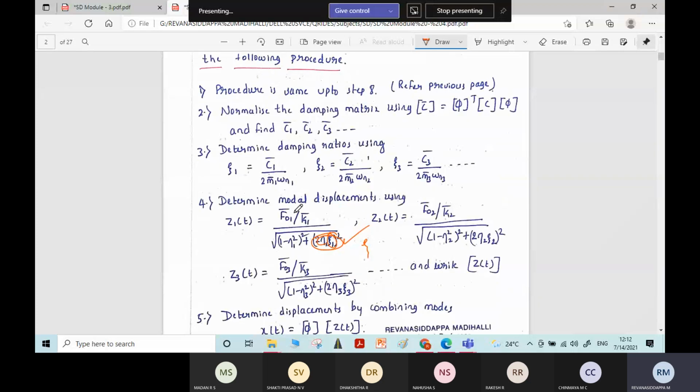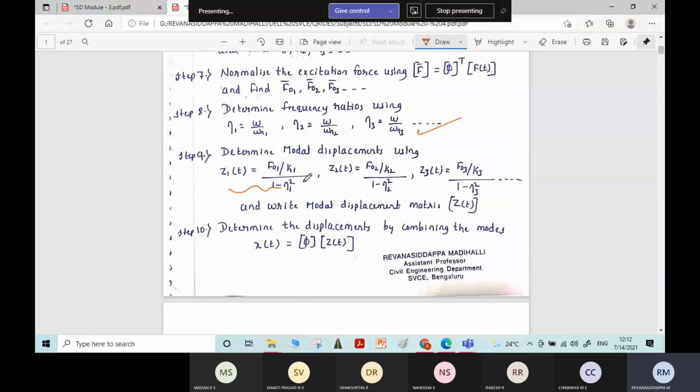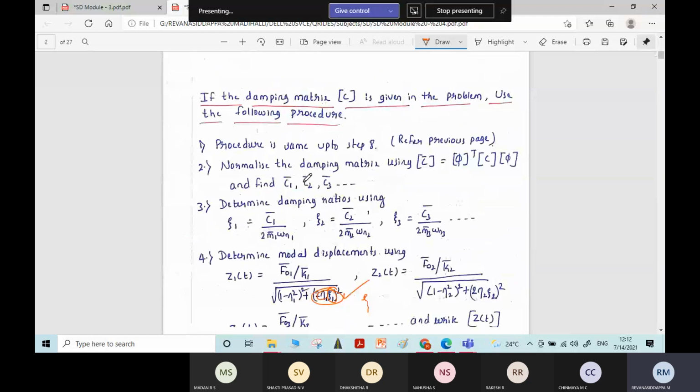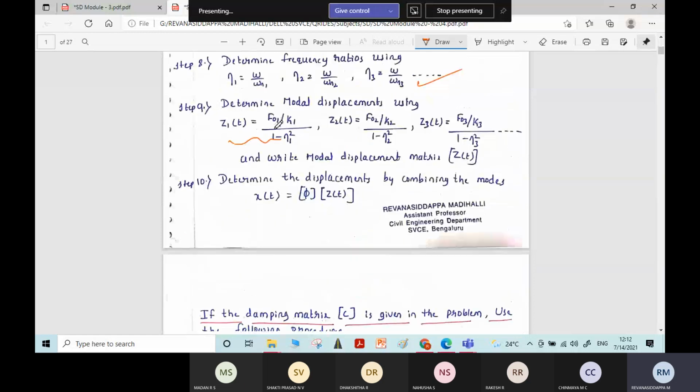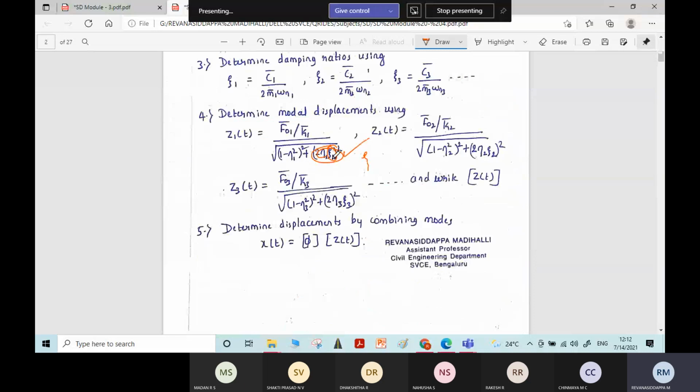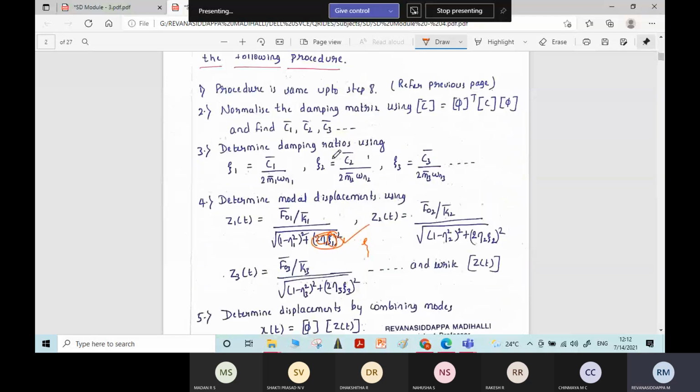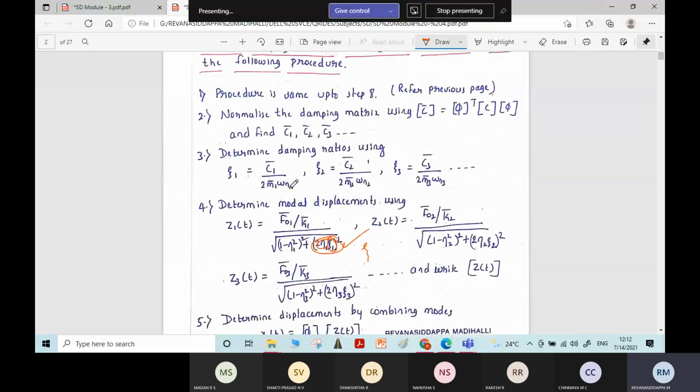That is the simplified formula corresponding to zeta equal to 0. If damping is given, use the formula which includes the damping ratio zeta, determined using C1 bar divided by 2 m1 bar into omega n1.